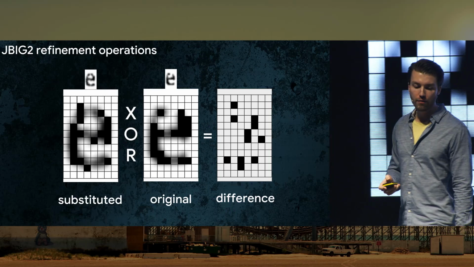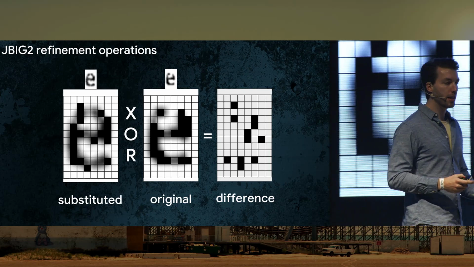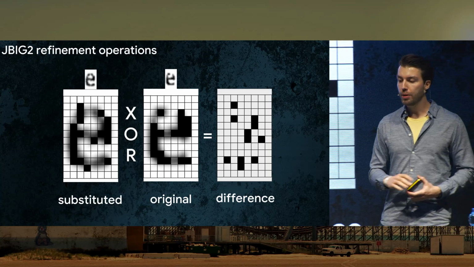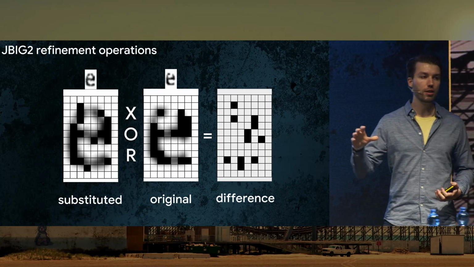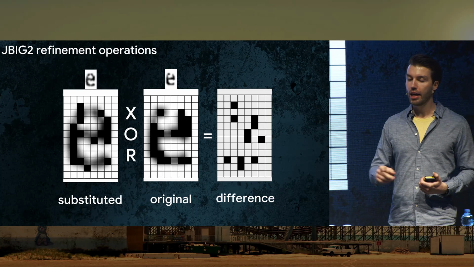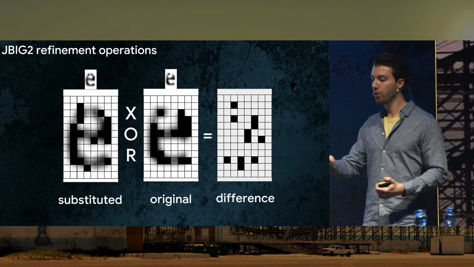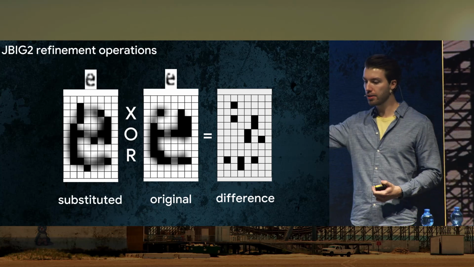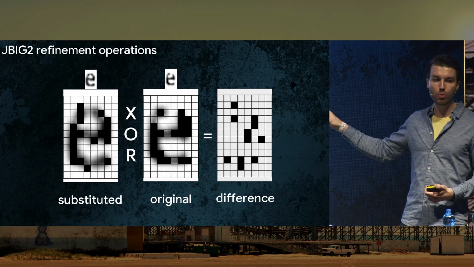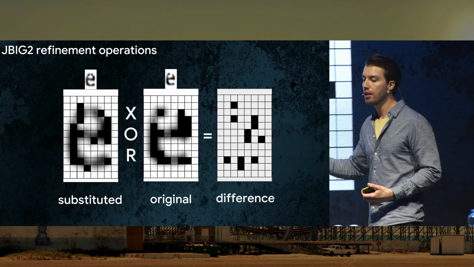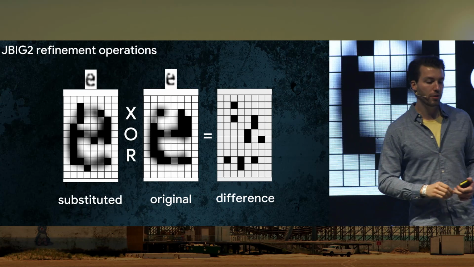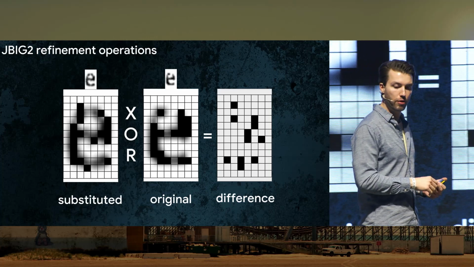The way you can fix that problem is by computing the difference between the reference, or the substituted E, and the original E, right? Here, the left E is the reference one that's going to substitute the others. The middle one is the real E. So you compute the difference and store the difference, which has less entropy, so it can be encoded more efficiently.